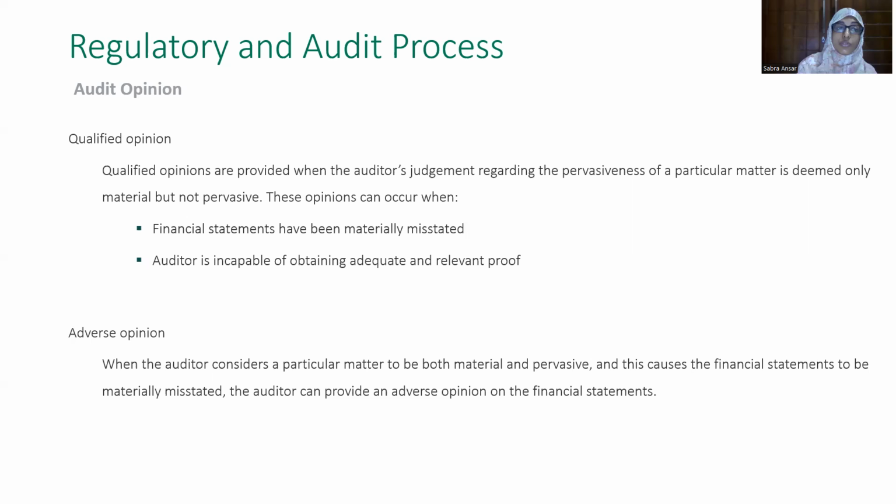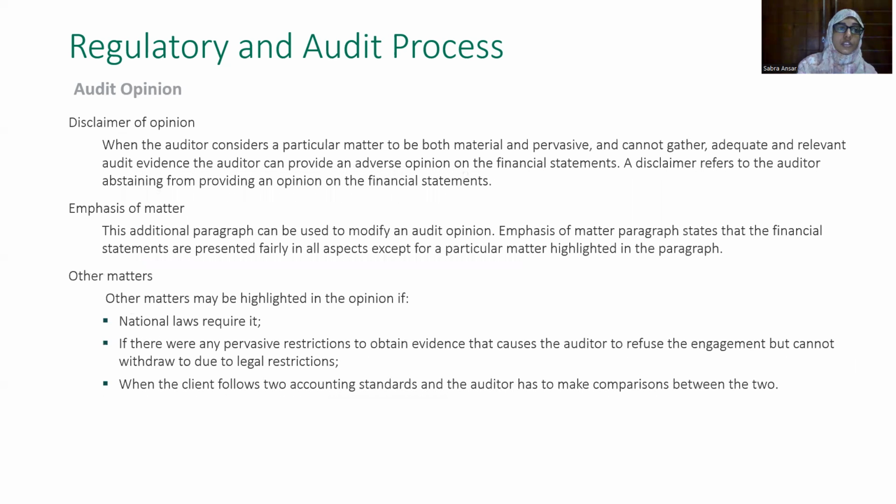There could even be an adverse opinion when the auditor considers a particular matter to be both material and pervasive, and the statements to be materially misstated, so they provide an adverse opinion on the financial statements.